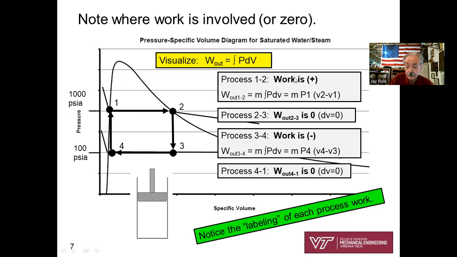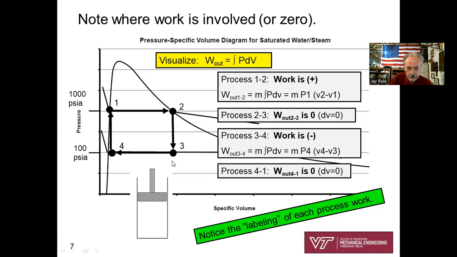So notice the note I wrote down. If I were doing this with pencil and paper, I'd scratch that down on my paper. Work is positive, integrating left to right, and it's going to be the mass times the pressure times little v2 minus little v1.